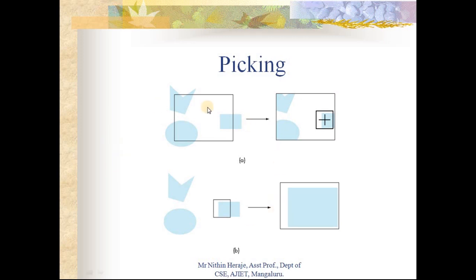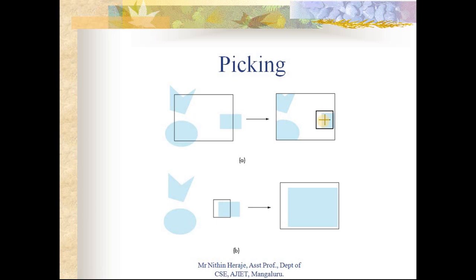Next is picking. Say this is in the world coordinate. You have the objects, and this is the viewing screen over here, the viewing window, and these are the objects which are clipped over here. Now you want to select or pick this object. So whatever screen you are showing, only that thing has to be picked up.